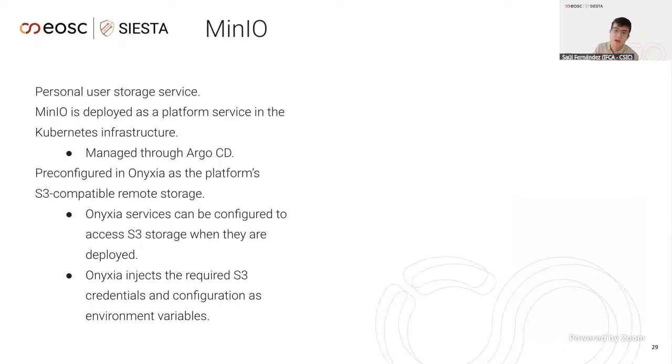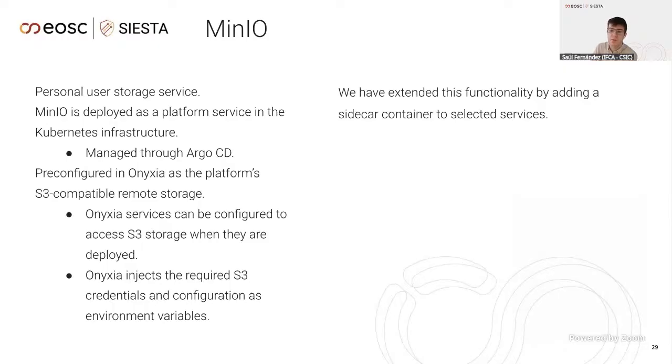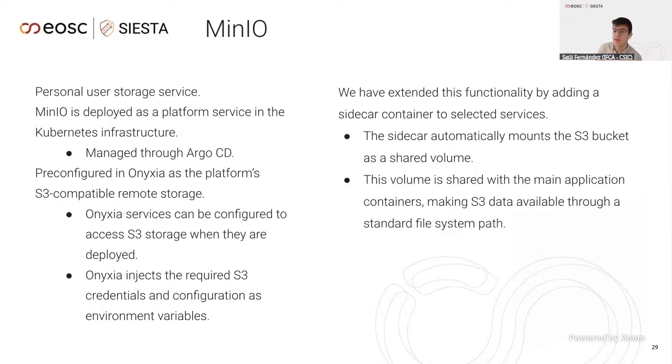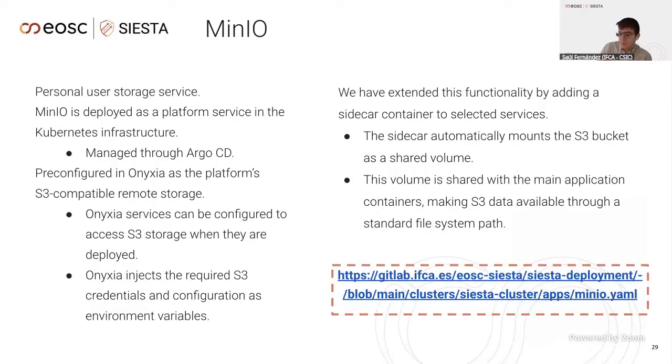Over that, we have extended the functionality by adding a sidecar container to some services. The idea of this sidecar container is that it mounts the S3 bucket of the user in the form of a shared volume. This volume is then shared with the main application container, making the S3 data available through a standard file system path. Let's review this MinIO deployment.